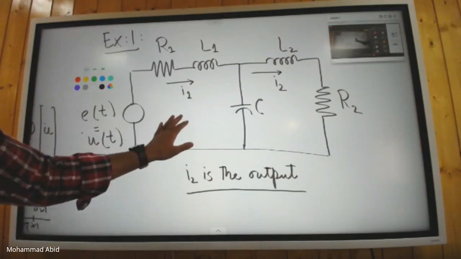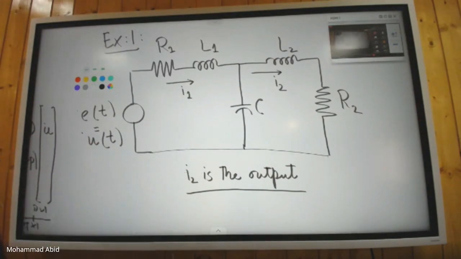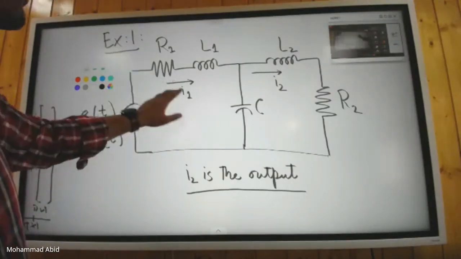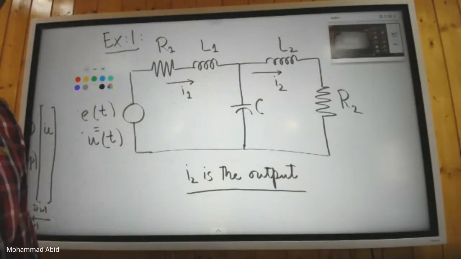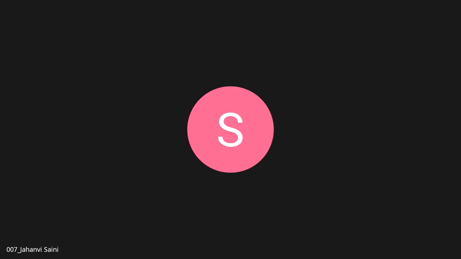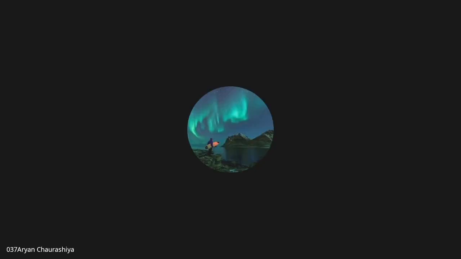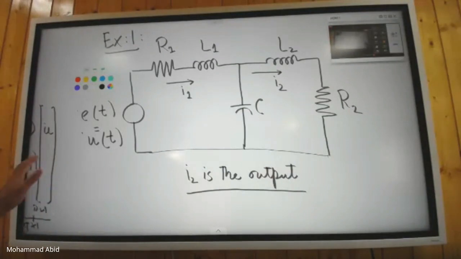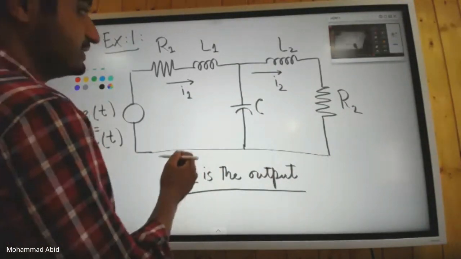How many energy storage devices are in the circuit? 3, sir. First of all, tell me how many energy storage elements are there. You understand energy storage elements? There are 3 energy storage elements.